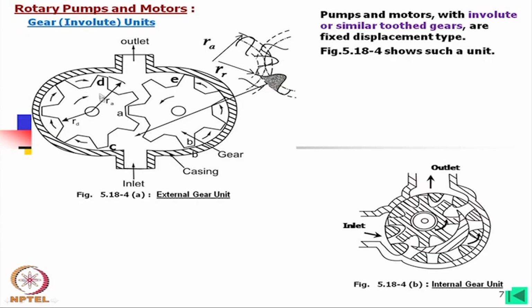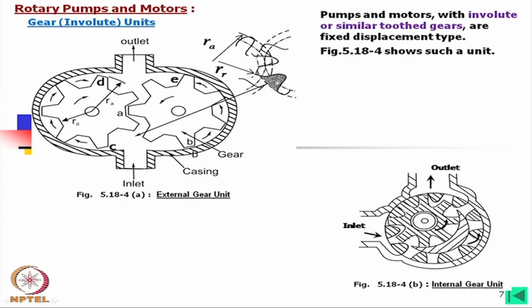Whereas, if I consider this area A, D and E, this is contraction, so compression will be there. Here there is expansion, this is compression. So, for the pump definitely this is the suction and this is the delivery. For a motor also the same thing, this is inlet, this is outlet, but the pressure will be just reversed.